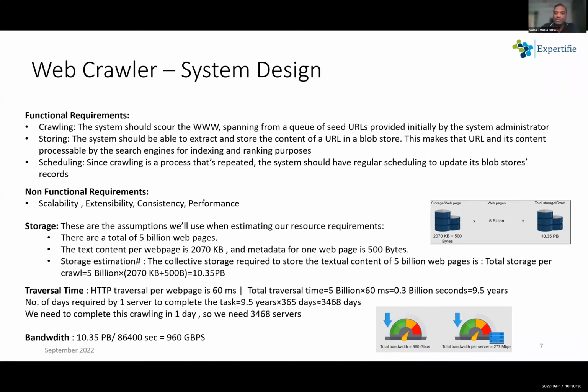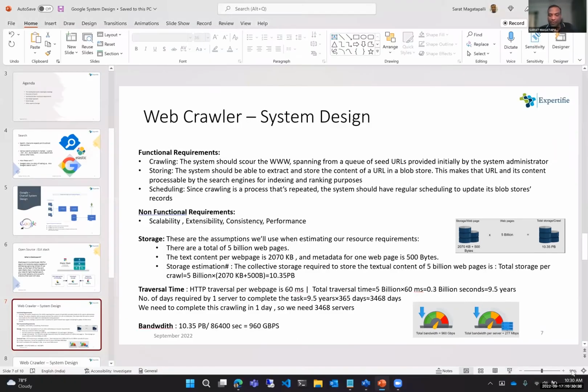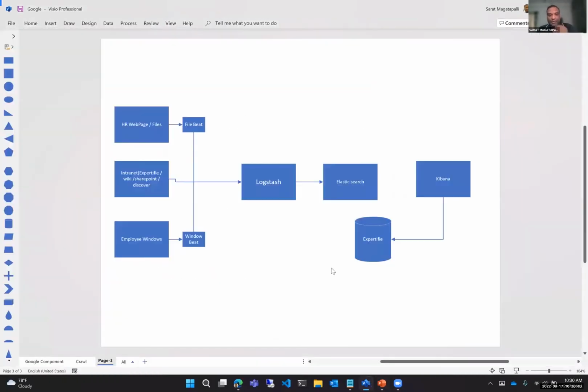In the use case which we talked about, your product owner has asked to crawl the information from our HR web page, our intranet, our employee windows. Maybe in future they'll say to expand this for Stack Overflow as well.